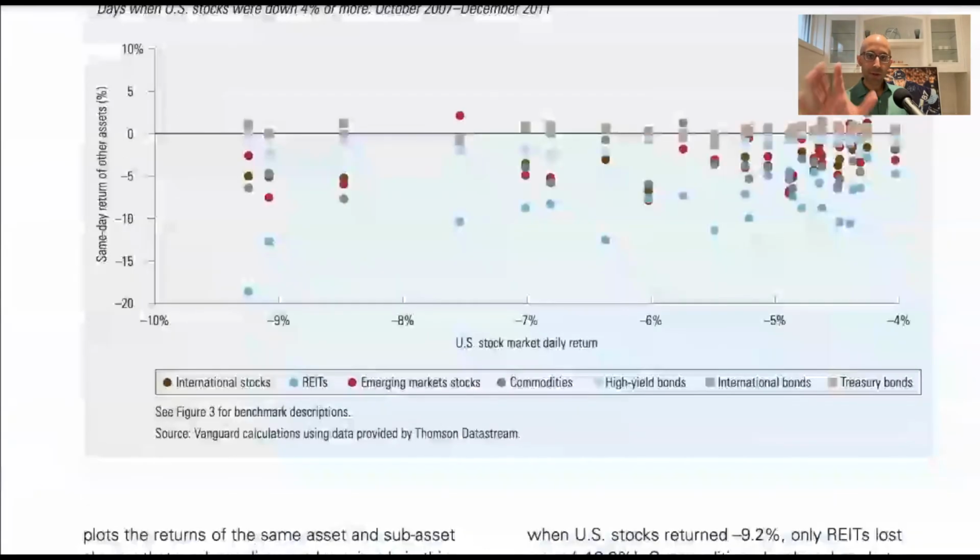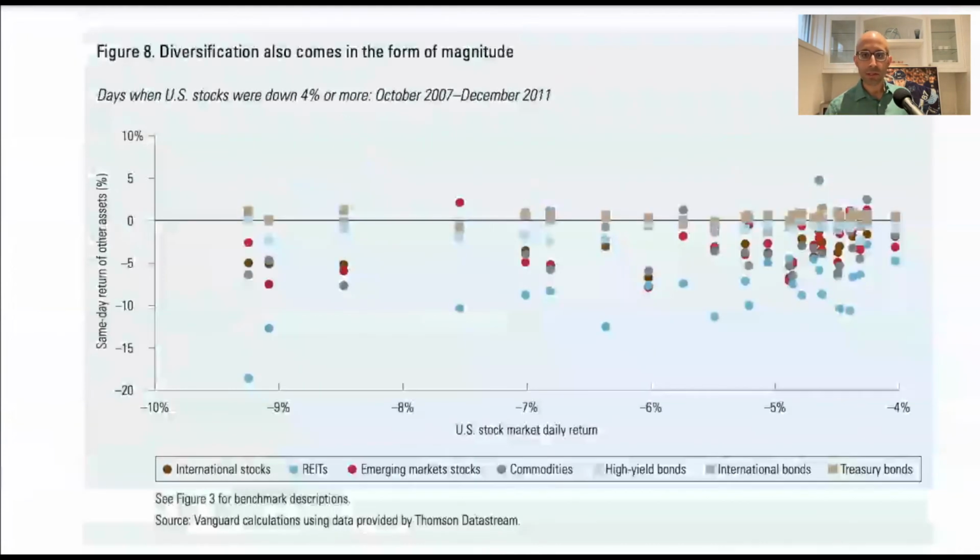And the final figure that I want to show you is figure number 8. And this basically examines the time frame from October 2007 until December 2011. So the great financial crisis and some of the following recovery. And it looks at the bad days where the US stock market fell anywhere from 4% to 9% on a single day. And then it examines how different asset classes moved in relation to US stocks.